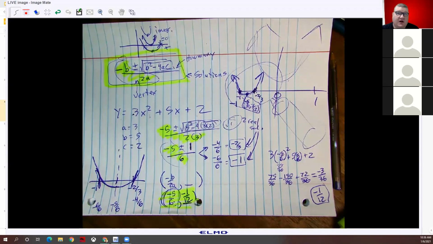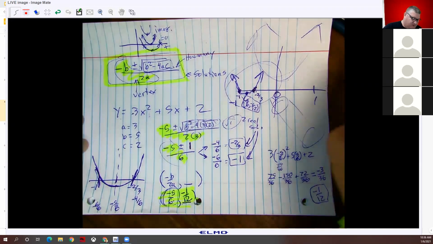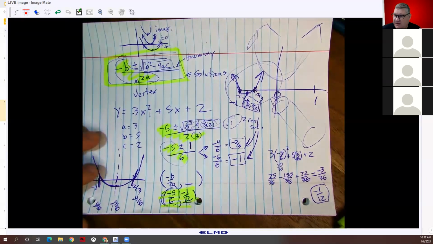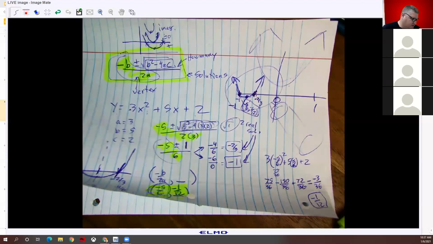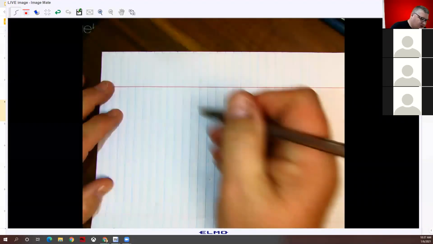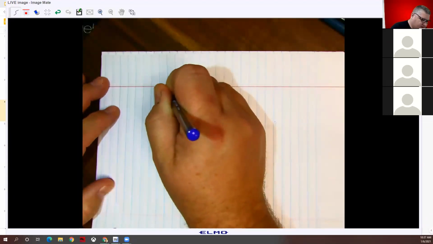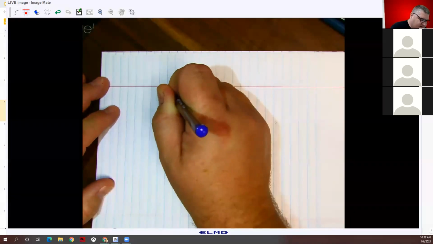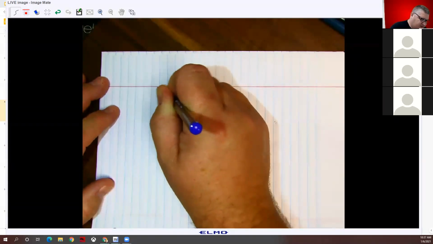So let's go ahead and do one more, since our team came and a few more have joined us here. Let's go with negative 6 here.